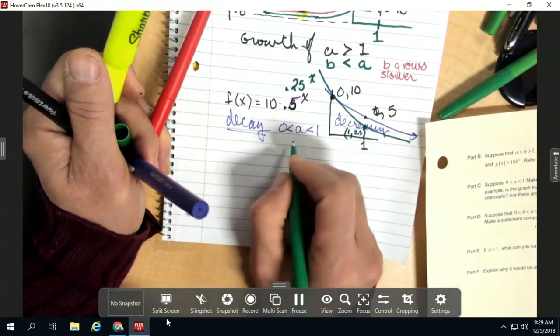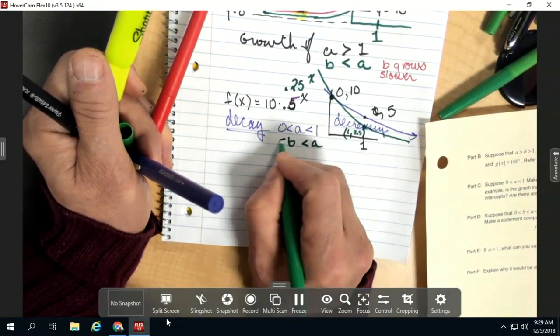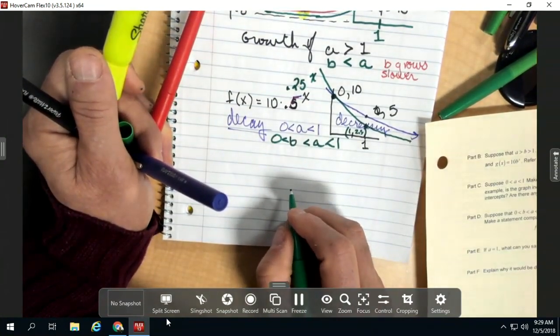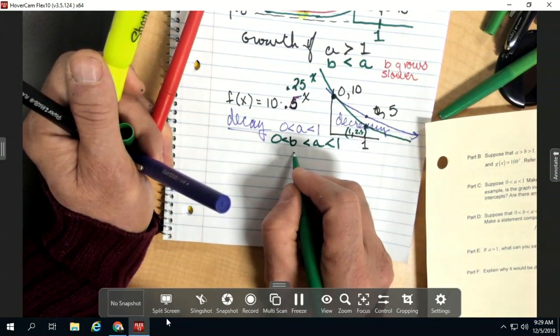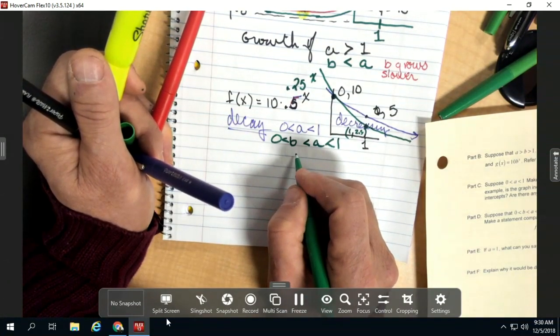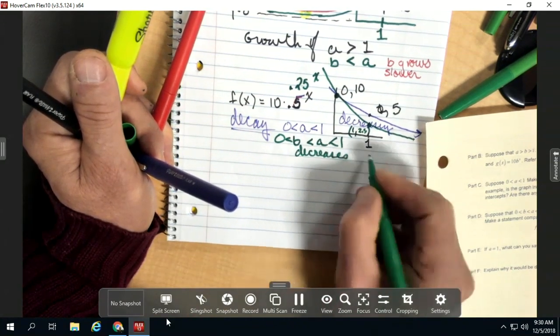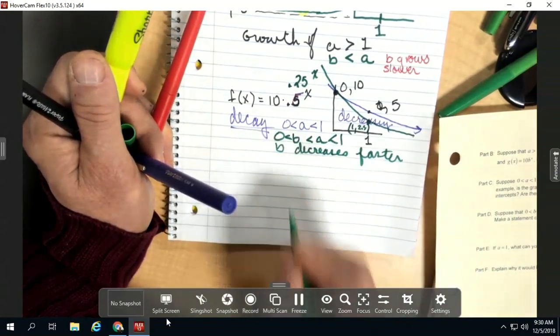If B is less than A, but they're between 0 and 1, B decreases faster.